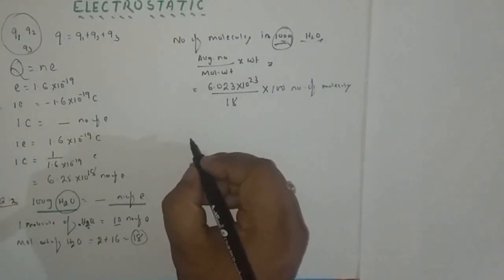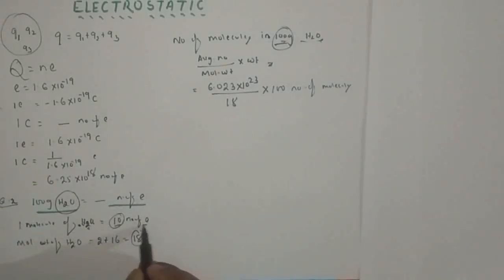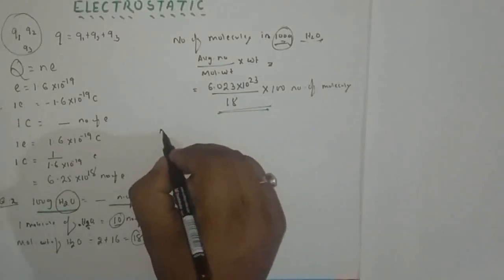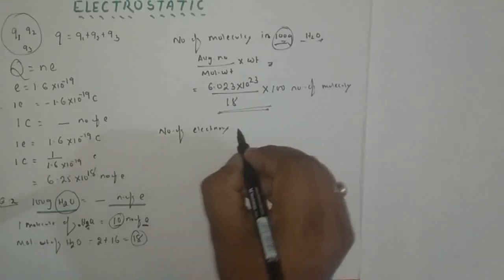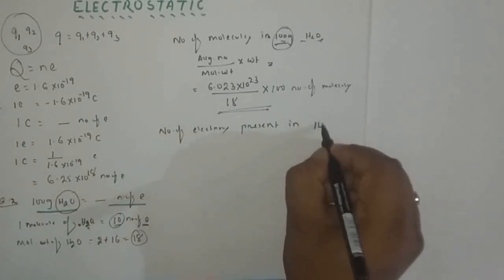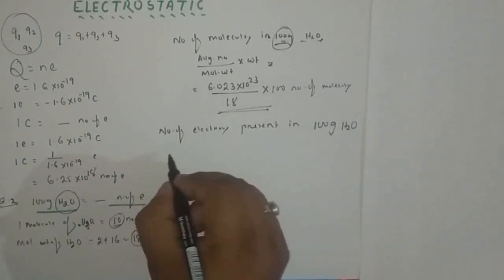Now my question is, one molecule contains 10 electrons, so this amount of molecules will contain how many? Now I will write the number of electrons present in 100 gram H2O. Let us check it here.